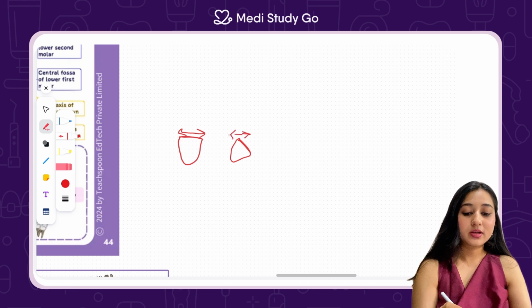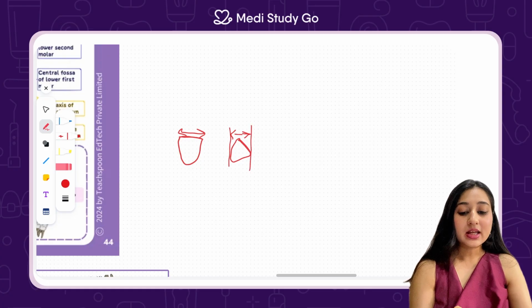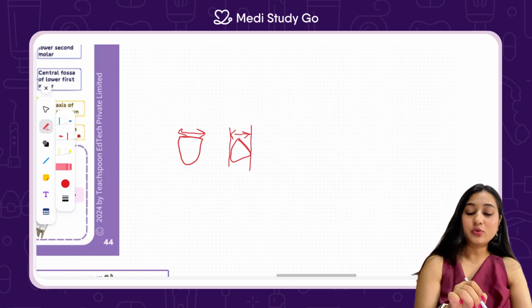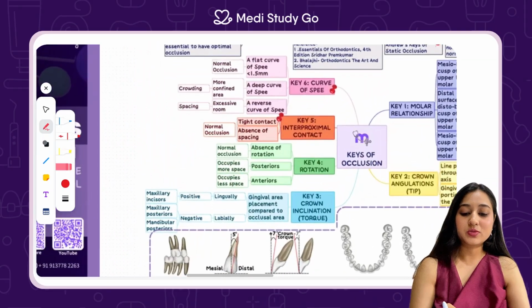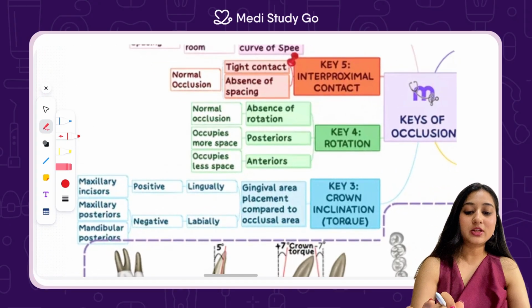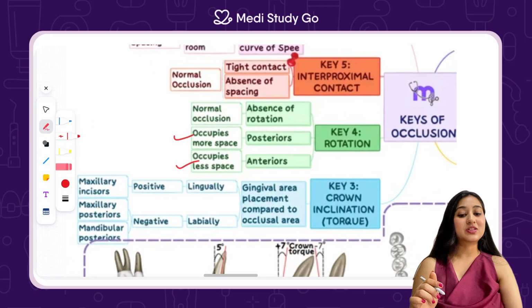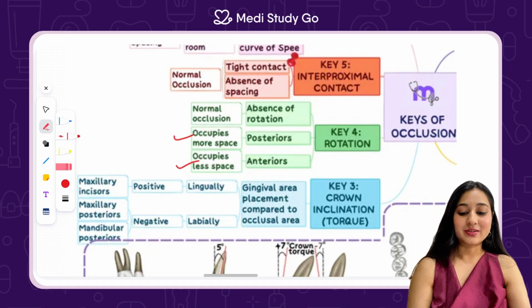And therefore, as you can see, the rotated anterior tooth occupies less space as compared to the tooth that is not rotated. And this is what was being explained here, that posterior teeth occupy more space, whereas anterior teeth occupy less space when they are rotated.